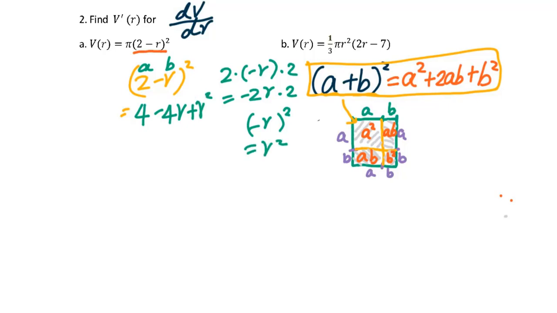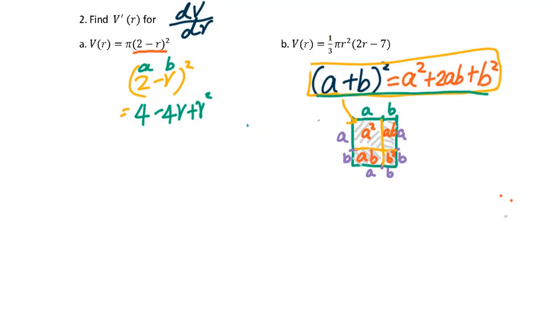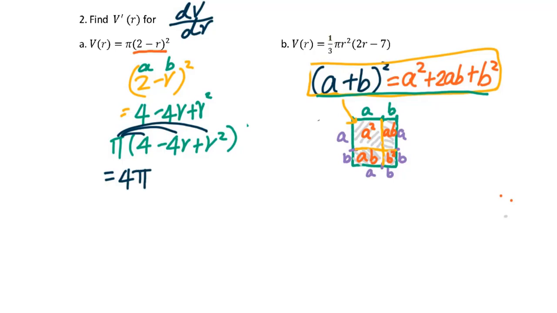Any number squared will be positive. You can use FOIL if you want to, but I prefer you remember this way. Then we multiply by this pi so that we can do the distributive property. You will get 4 pi minus 4 pi r plus pi r squared.